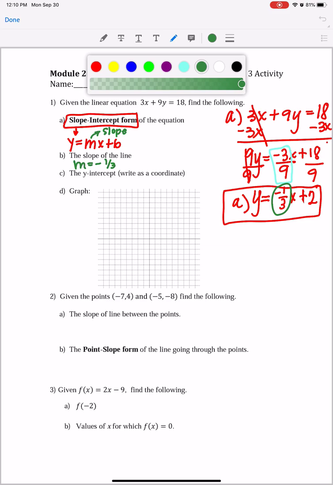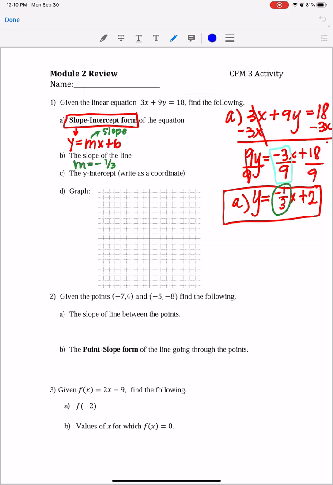So then we need our y-intercept. Well, your y-intercept is whatever this b is. And it says to write this as a coordinate.